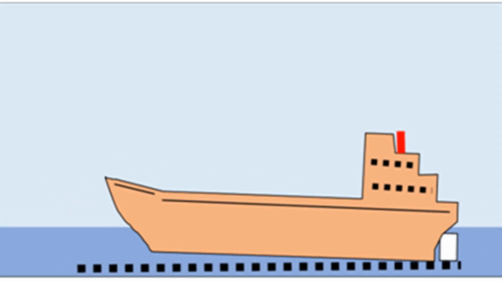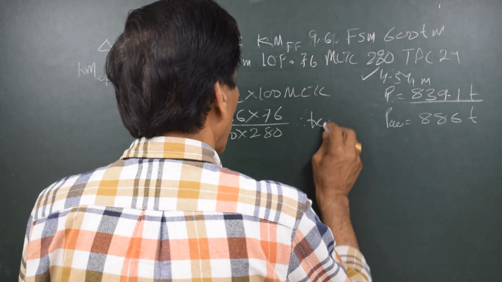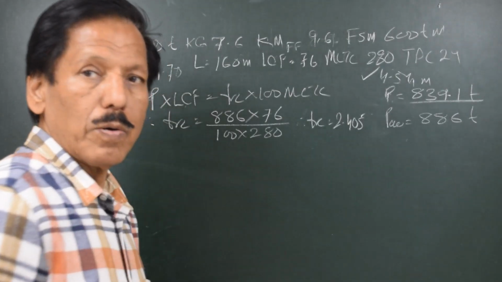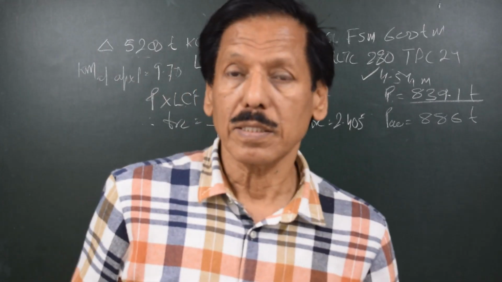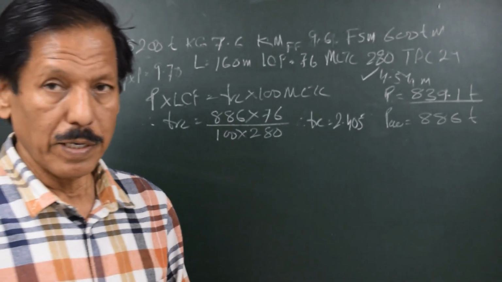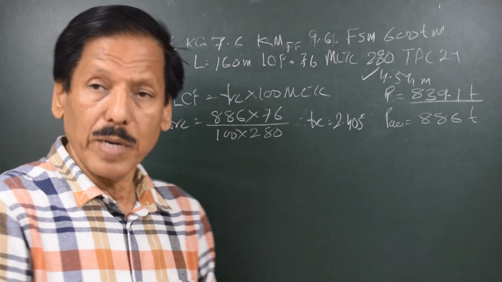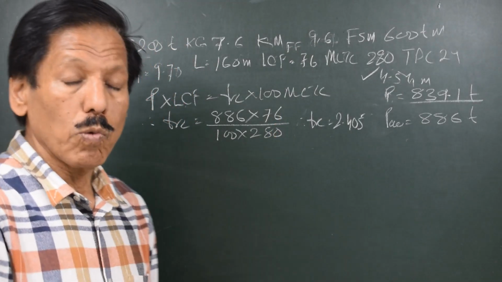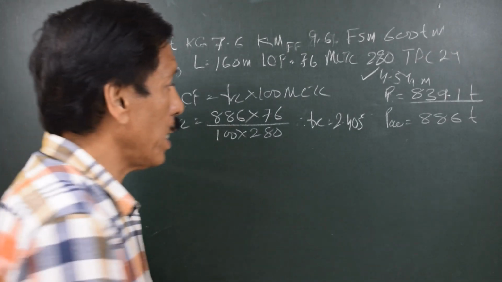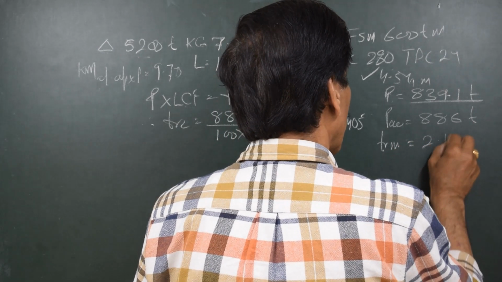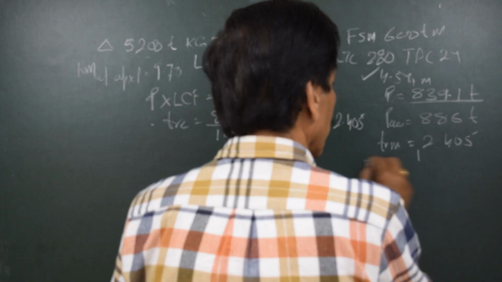Therefore trim change equal to 2.405. Now we are assuming that the dry dock does not have any declivity. Because the dry dock does not have any declivity, trim change will be equal to the initial trim. So we assume that the initial trim therefore is 2.405 meters.